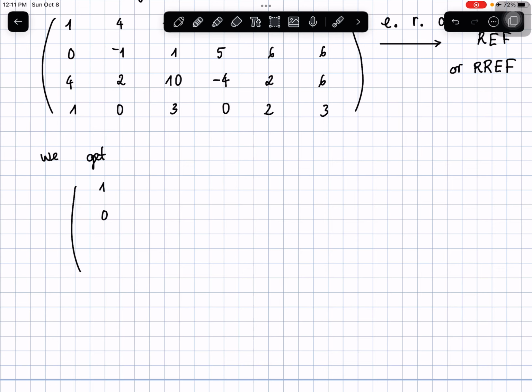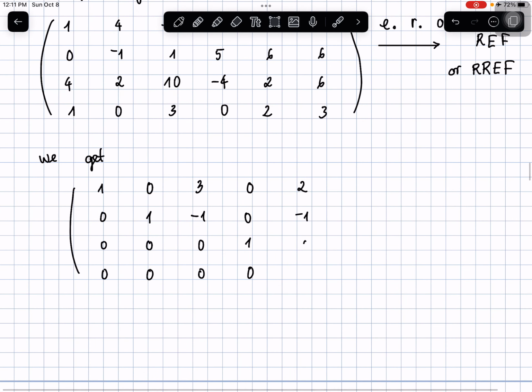1 0 0 0, 0 1 0 0, 3 minus 1 0 0, 0 0 1 0, 2 minus 1 0 1, 0 3 minus 1 1 0.